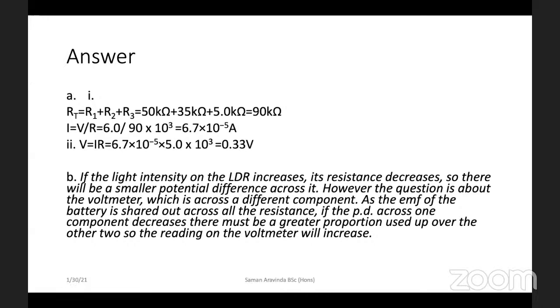However, the question is about the voltmeter, which is across a different component.